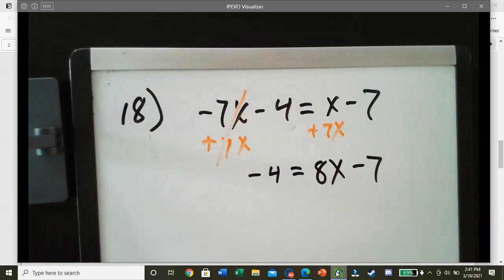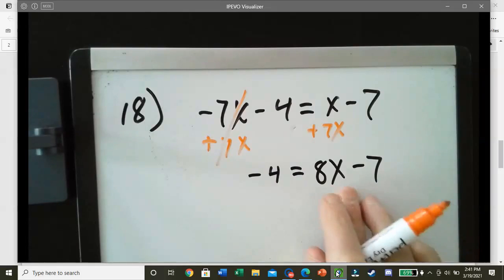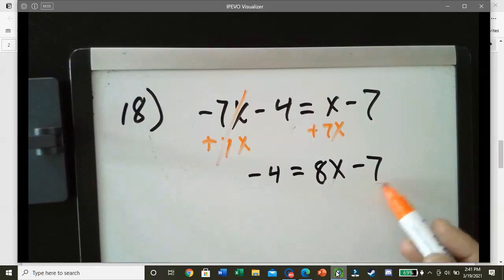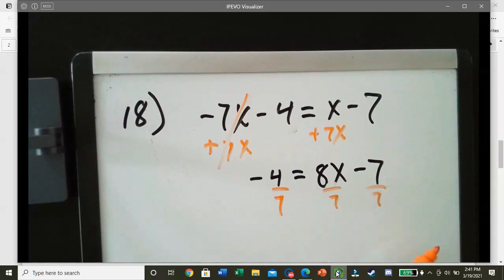All right, now what do we do? You got to isolate that x, right? So what now? What's the next thing? We got to get that x by itself.